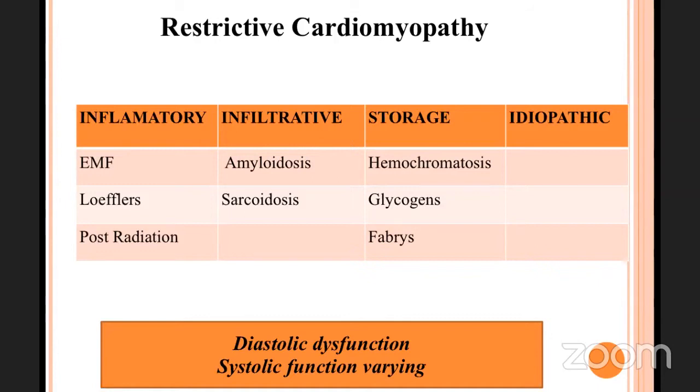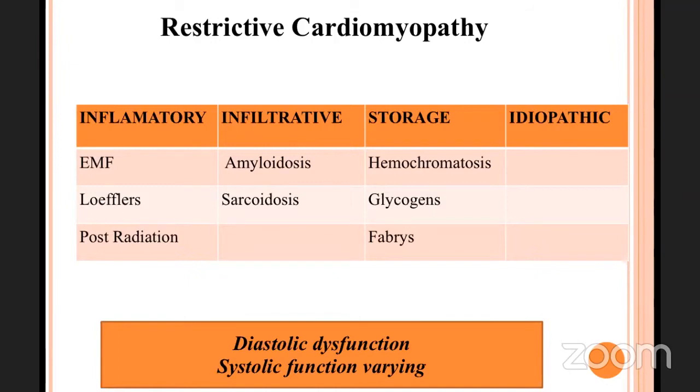But not to forget that there are other forms of cardiomyopathy that can present as restrictive cardiomyopathy, which I have outlined here, like inflammatory diseases like endomyocardial fibrosis, Loeffler's disease, post-radiation also it can happen, including restrictive myocardial problem, infiltrative diseases like amyloidosis, storage disorders like glycogen storage disorder, Fabry's disease, and hemochromatosis.